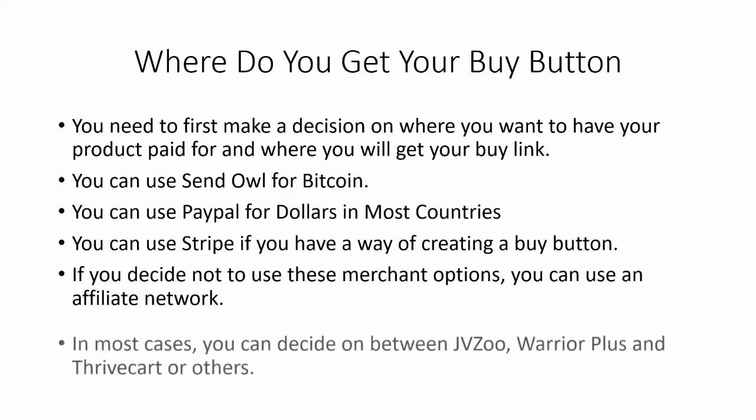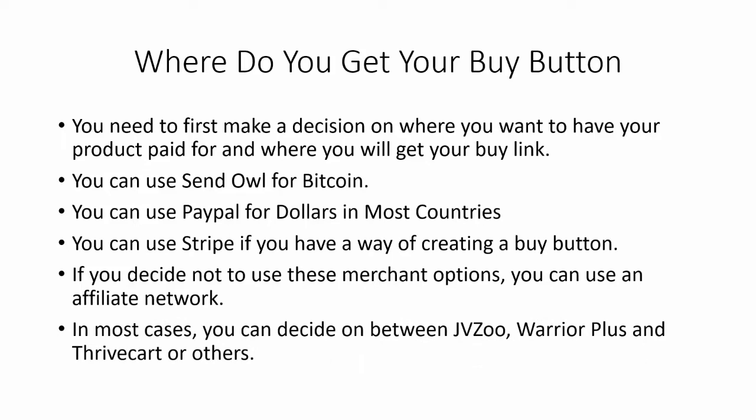You're going to use some affiliate network like JVZoo, Warrior Plus, Thrivecart, and I don't have it in here, but you can also use ClickBank. It's a little different from some of the others, but it is an affiliate network where you can set up your product ahead of time, and you can recruit affiliates, and you can make sure that the product gets delivered, and you can take payment. Right? That's pretty much what has to happen between now and what we need to do here at the end.